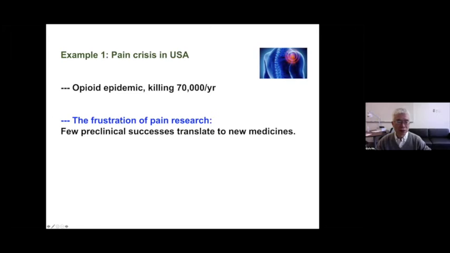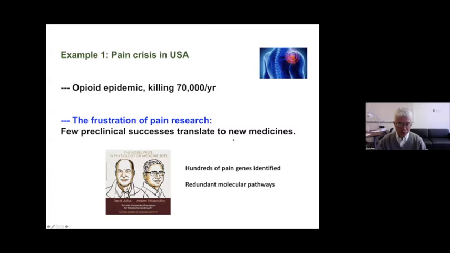And there is a lot of frustration in basic science research in the pain field. Right before the pandemic, the NIH organized a workshop to discuss why there are so many successful stories in animal studies, but very few of those studies translate to new pain medicines.